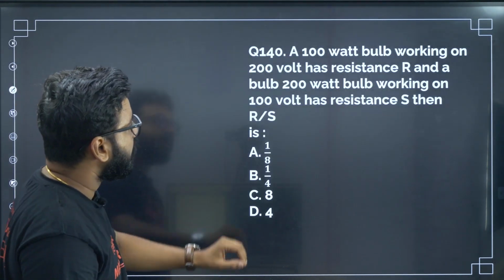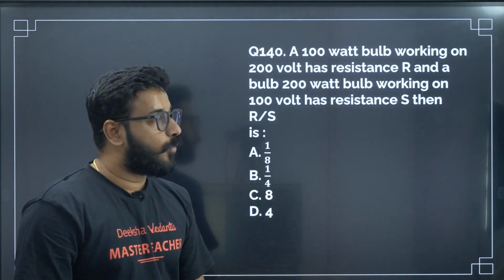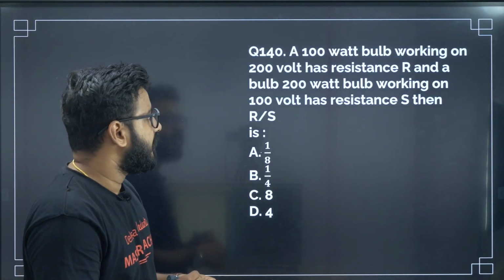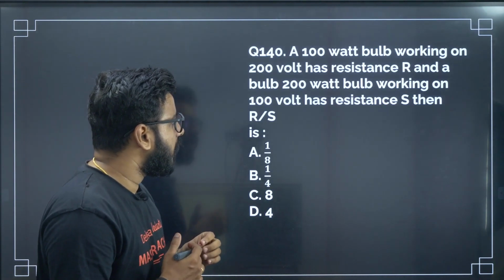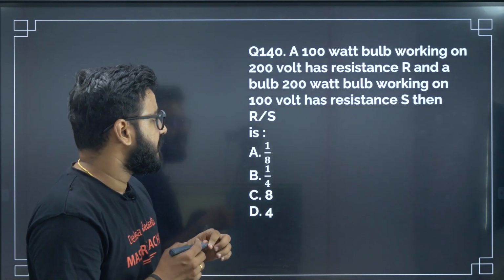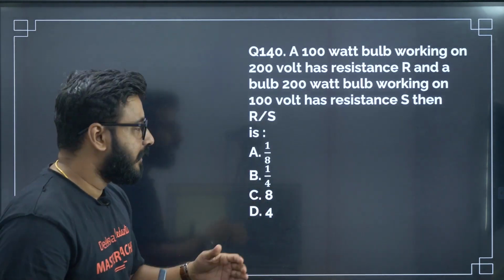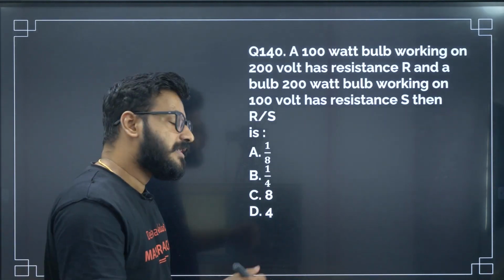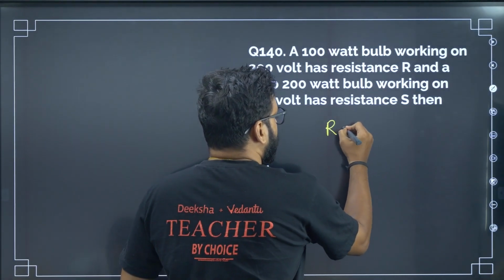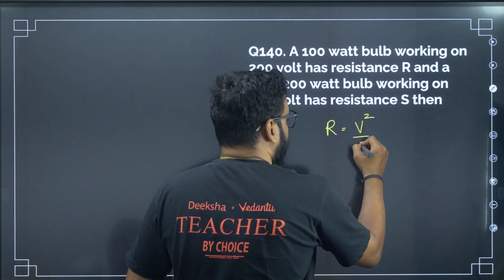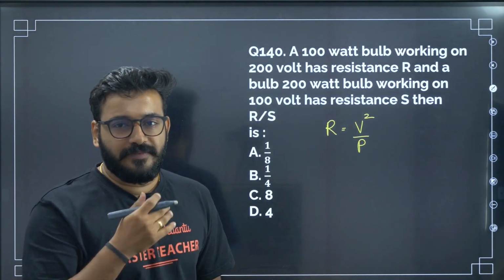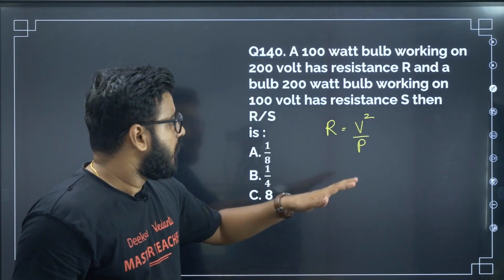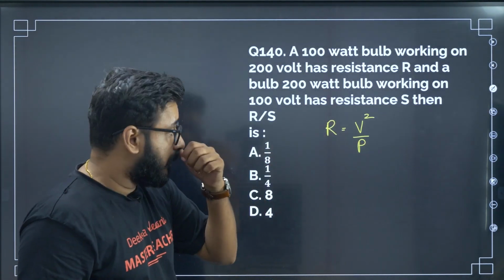Question number 140. A 100 watt bulb working on 200 volt has a resistance R, and a 200 watt bulb working on 100 volt has a resistance S. Then R by S is, very simple here. Just first write the notations. R is equal to V square by P, because voltage is given and power is given, so most apt is V square by P. P is equal to V square by R, cross multiply.